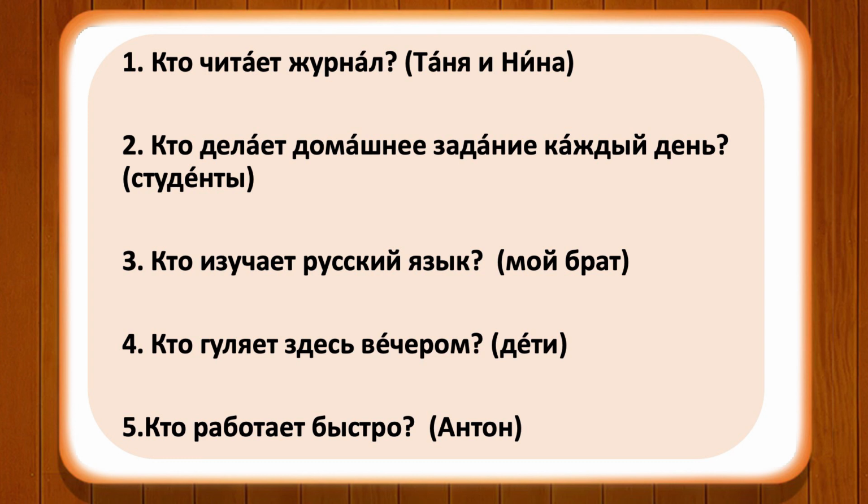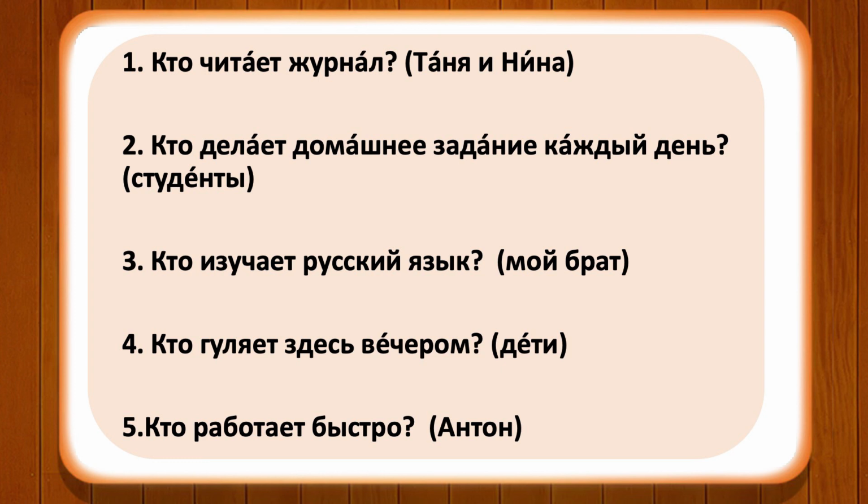Кто гуляет здесь вечером? In the bracket, the word is дети, which means children. It is also a plural form, so you will be using the они form of the verb in the answer. Кто гуляет здесь вечером? The answer would be дети играют здесь вечером.